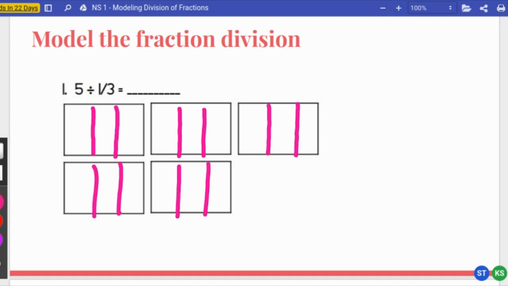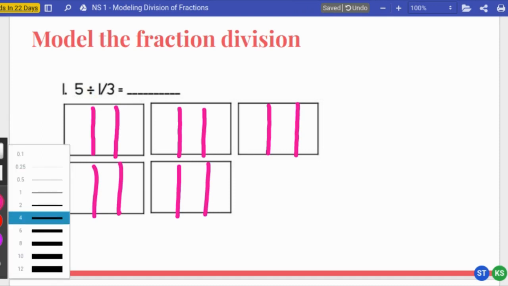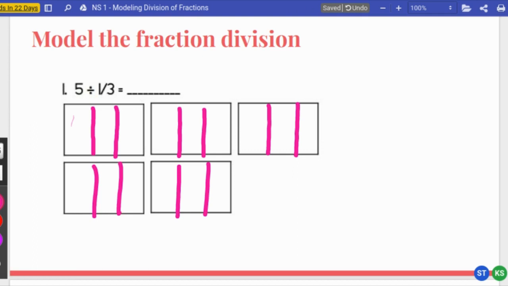So now each whole is in 1/3s, and now I'm going to count up how many 1/3s that I have. So each of these is equal to 1/3. So I start to count them. Here's 1, 2, 3, 4, 5, 6, 7, 8, 9, 10, 11, 12, 13, 14, 15.